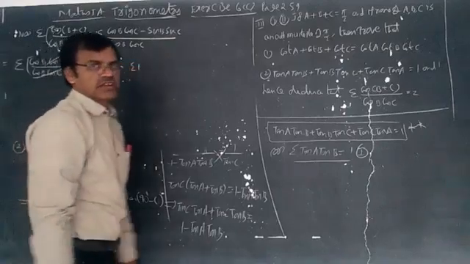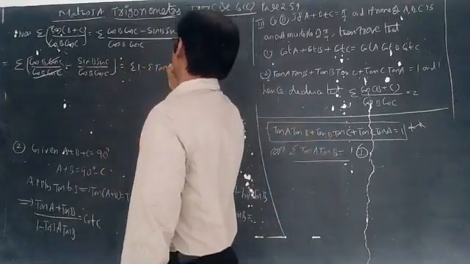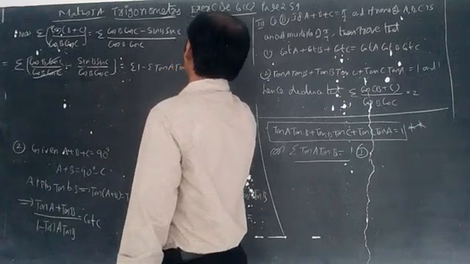You can write sigma 1 minus, this is sigma tan A tan B.